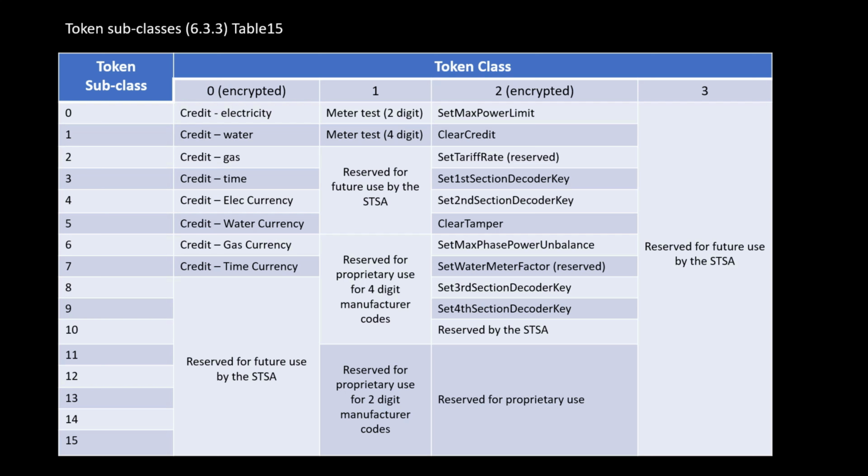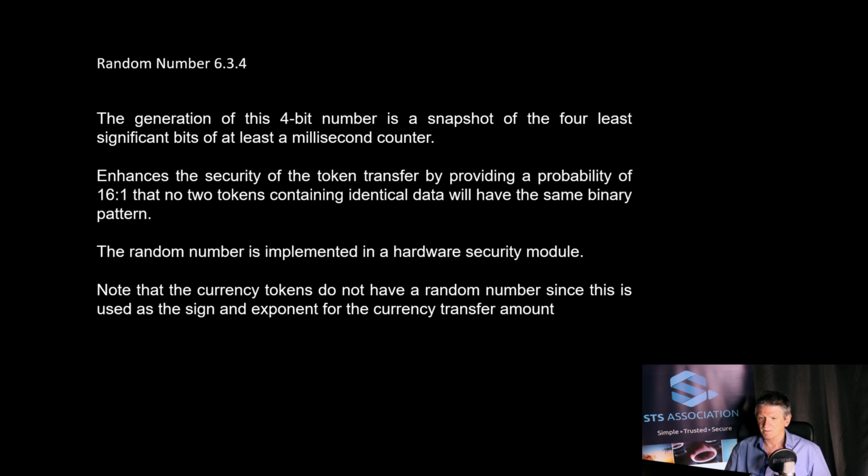You have a clear tamper token at subclass 5, and then you have the set max phase power unbalance and set water meter factor, also reserved. Set third and fourth section decoder keys at subclasses 8 and 9. Subclass 10 is reserved by the STS Association, and subclasses 11 to 15 are reserved for proprietary use. And then the whole of token class 3 for the moment is reserved for future use by the STS Association.